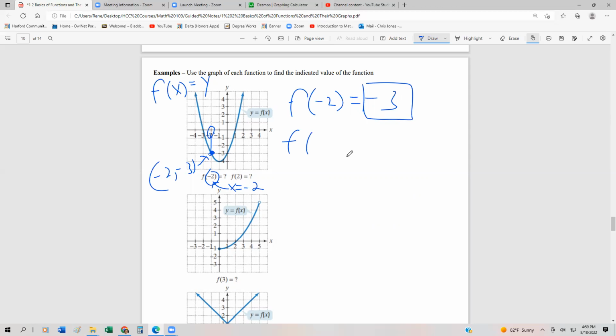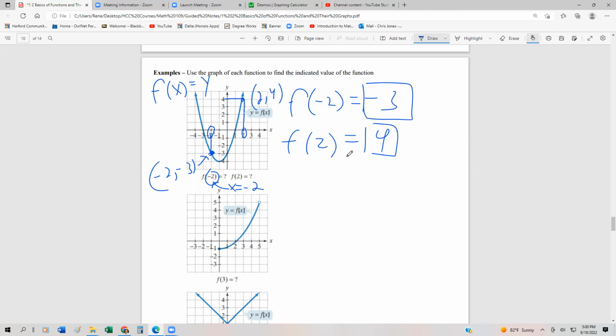For f at 2, we go to 2 on the graph, trace it up, and it looks like it's going to be 4. So f at 2 is 4, because this is the point (2, 4). That's all you have to do: find the indicated value from the graph of a function.